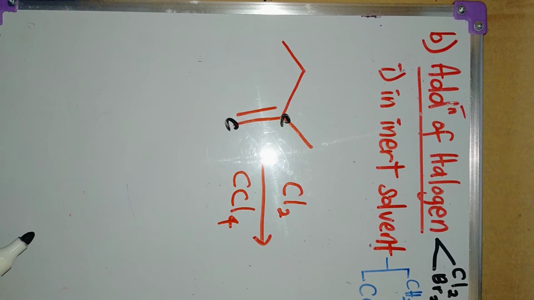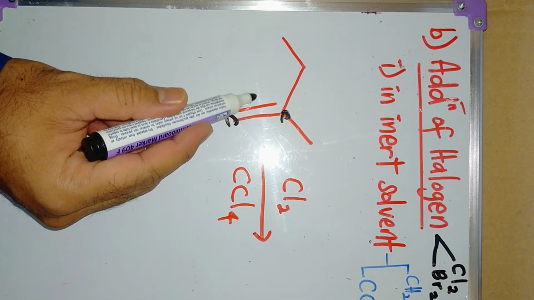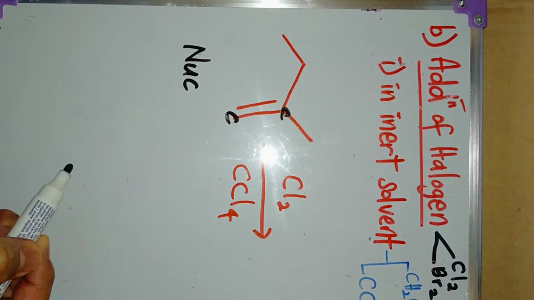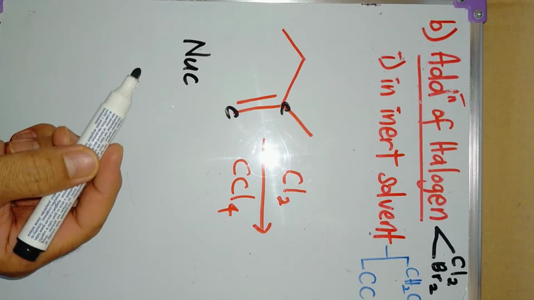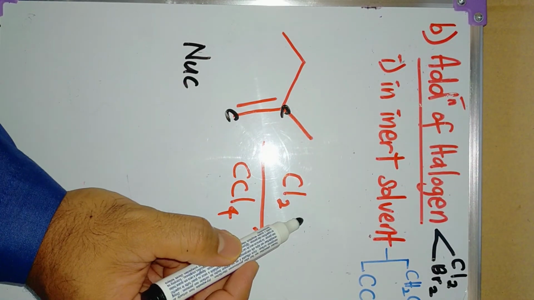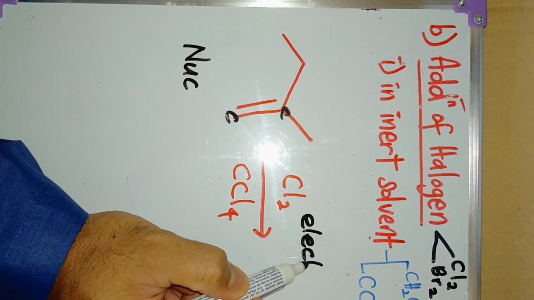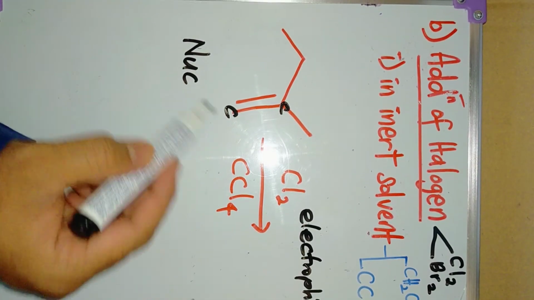Before that, this alkene is known as a nucleophile. It is important for you to know which one is the nucleophile and which is the electrophile. This is the electrophile. Why do we call them nucleophile and electrophile?